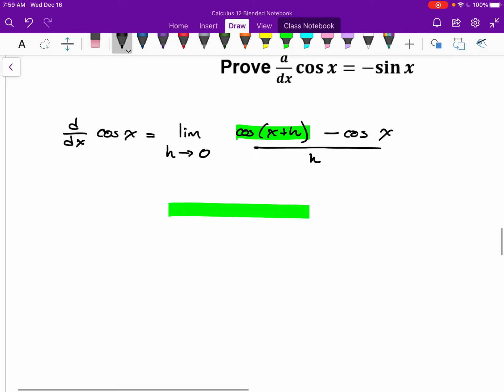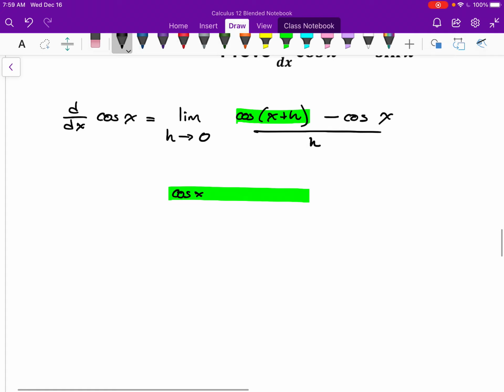So the cos of (x plus h) is the same as cos x times cos h minus sine x times sine h. Sorry, I misspoke a moment ago; it helps if I can remember it properly. And that is the sum identity for cosine.